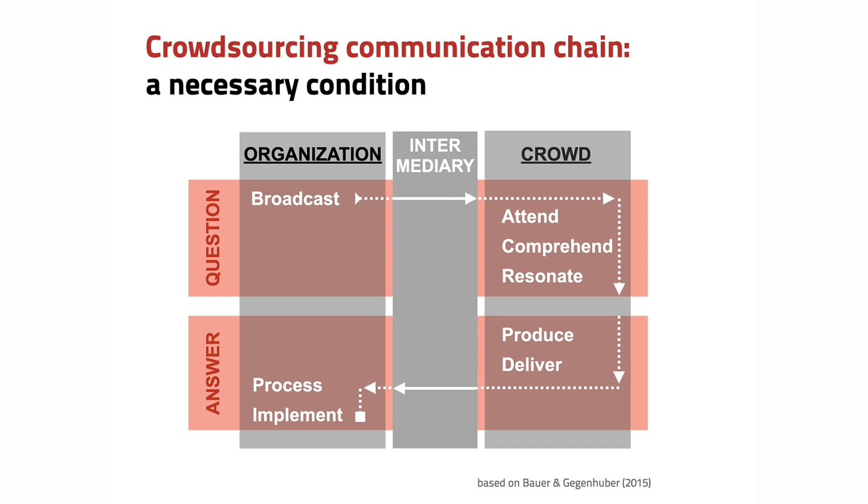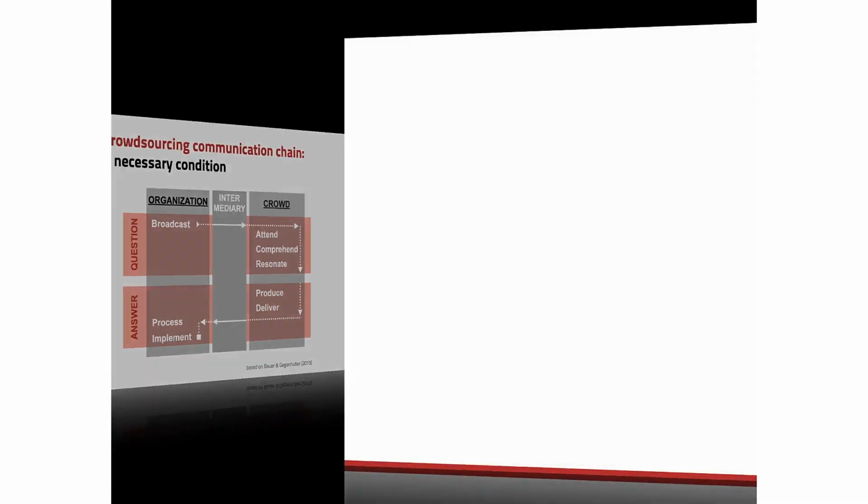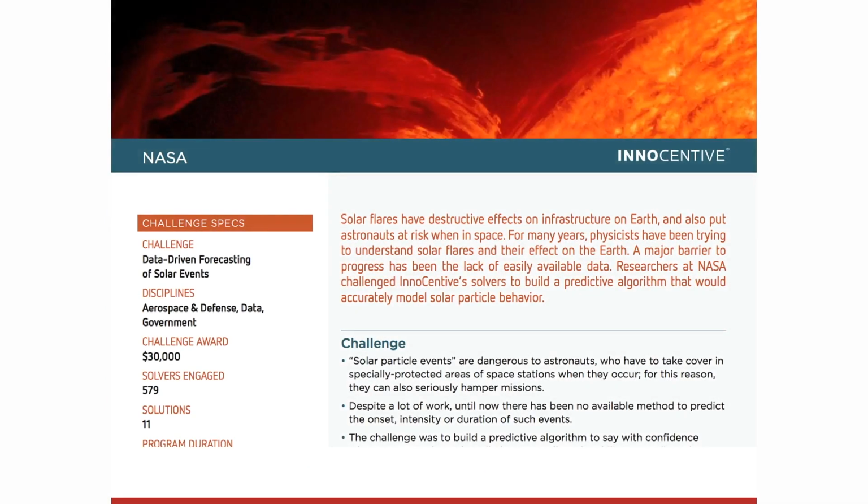Of course, it's a different scale of the people that you reach with a call. And I want to go back to the intermediary to give you another example from the digital age. Here's the NASA challenge for forecasting solar particle events.